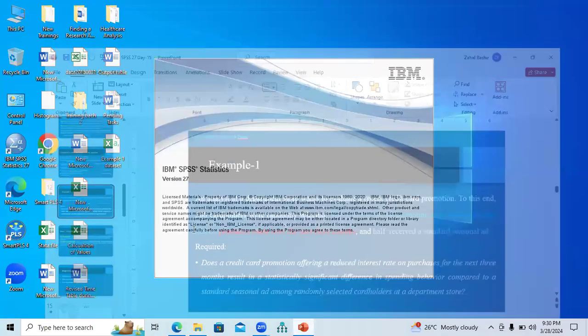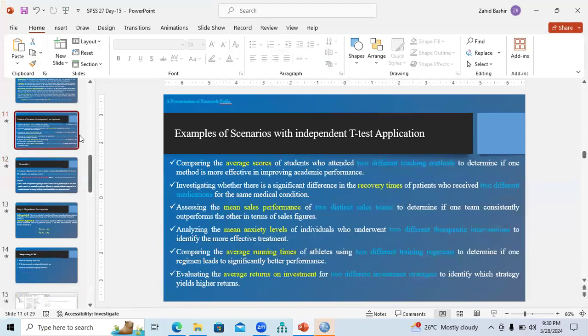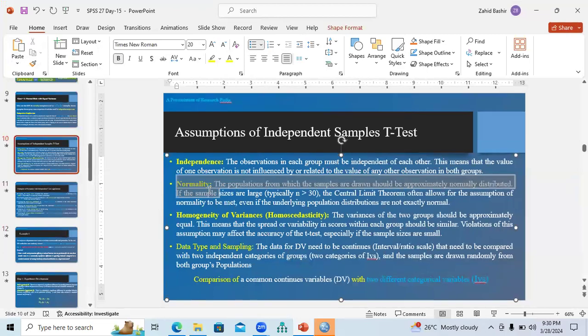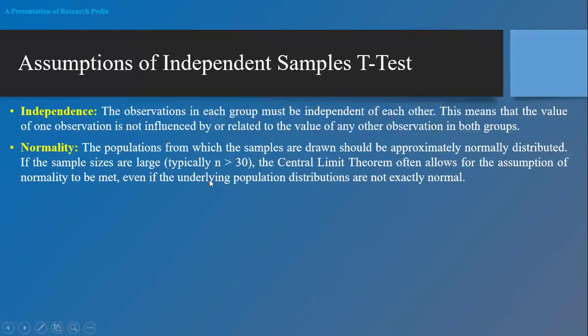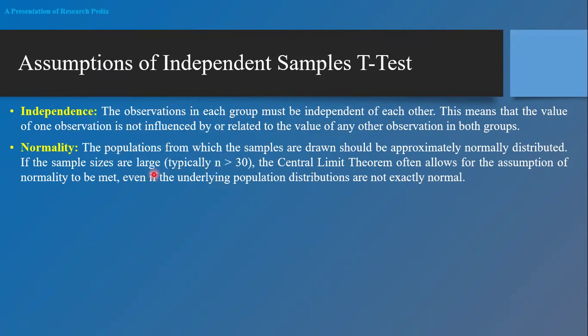As I have already told you, there are 500 card holders. It means as per our assumptions, if you see previously, I have told you about the assumptions, the normality assumption. The assumption was that if your sample size is greater than 30, it is assumed according to the central limit theorem that your normality assumption is already met.